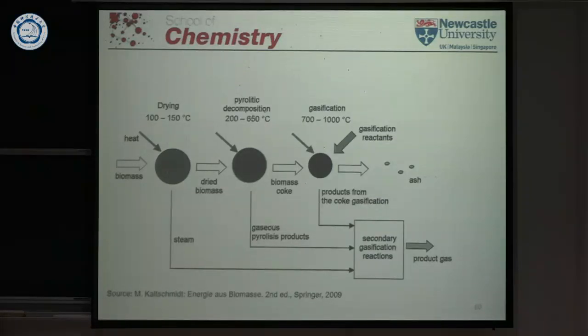Now, biomass can be obtained, and I will show you a few results. We discussed that on Monday already in the research seminar, so I will show you a few results of this as well. You can have a very large supply of biomass from bio-waste.